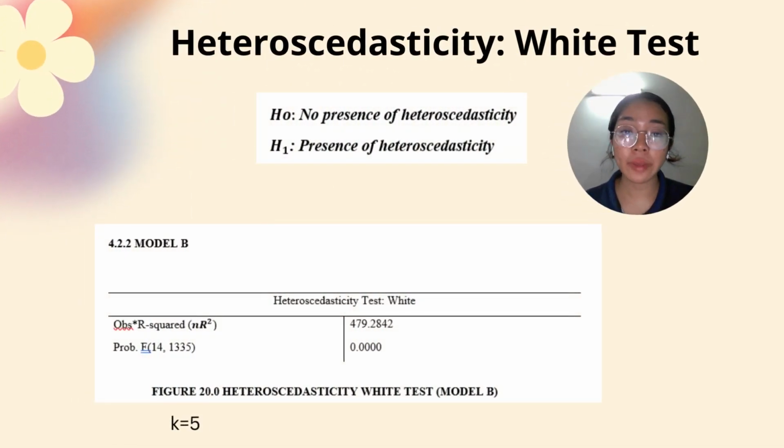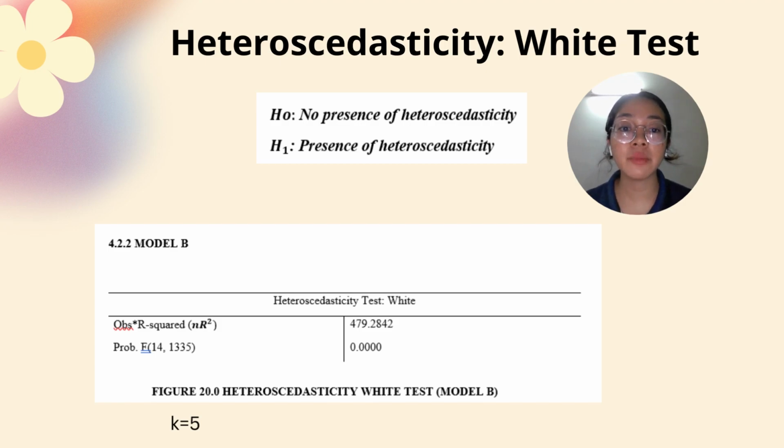Next, for our model B, our Obs*R² value is 479.2842, and Prob. F is 0.0000. From our sample, we reject H null, which is the null hypothesis, because NR² equals 479.2842, which is greater than our chi² value of 13.2767.